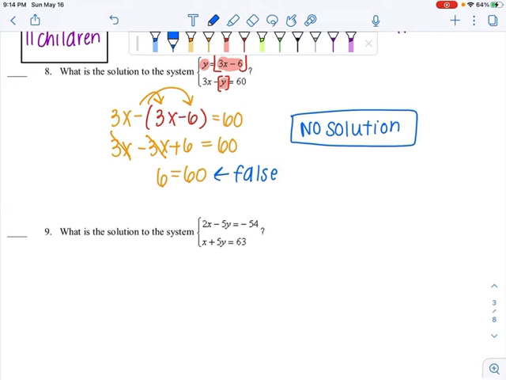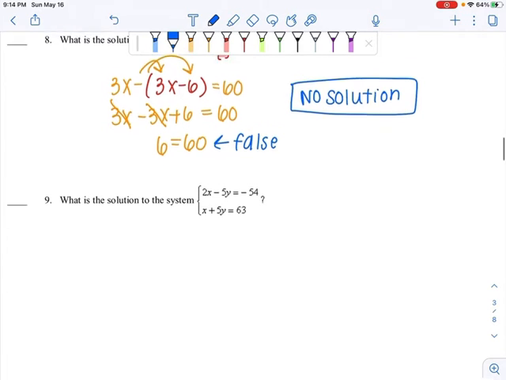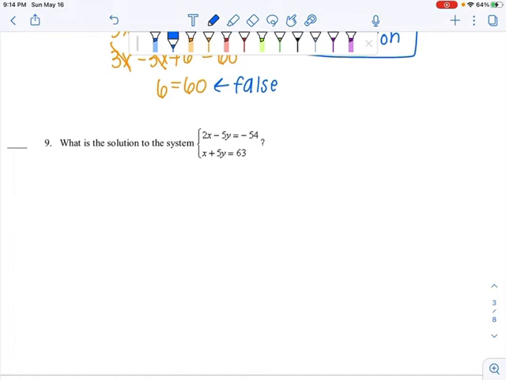Okay, for number 9, we have 2x minus 5y equals negative 54 and x plus 5y equals 63. I see right away that the best method to use would be elimination because those two variables cancel out right away. Let's start over.